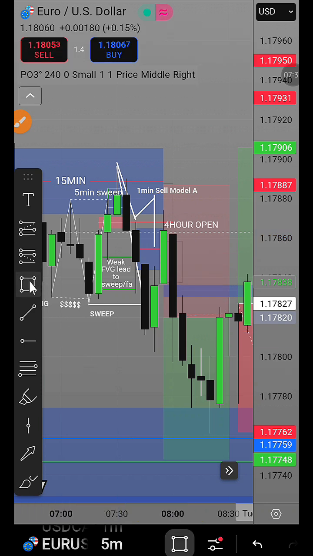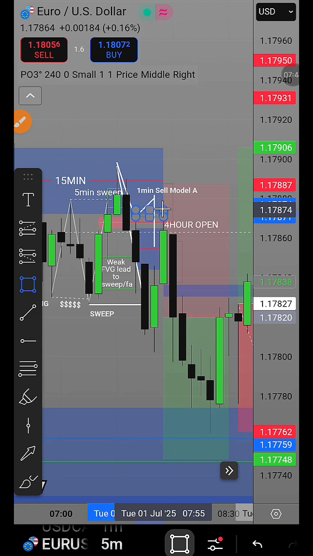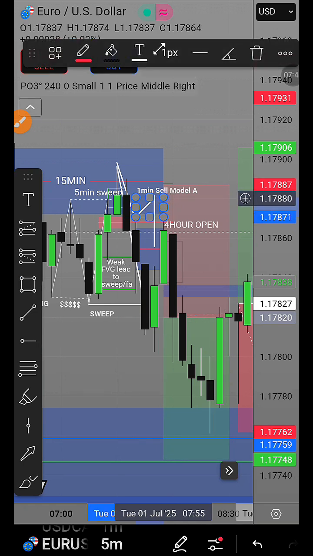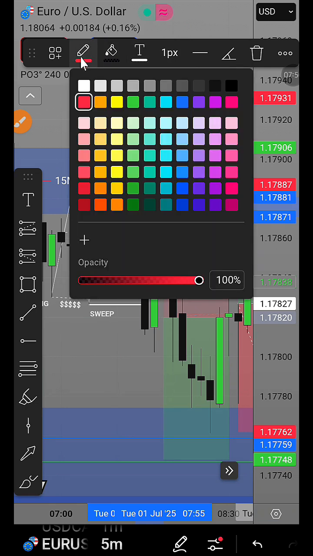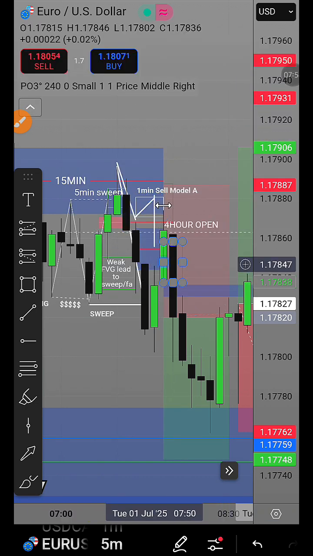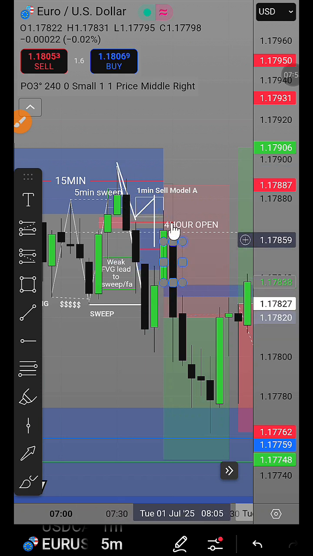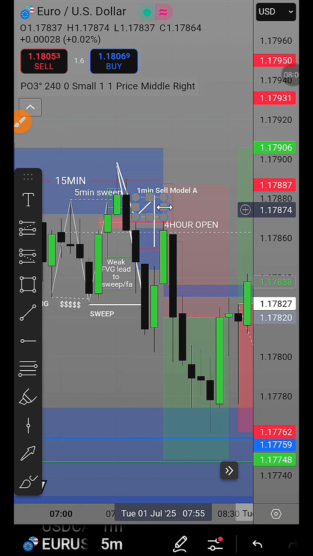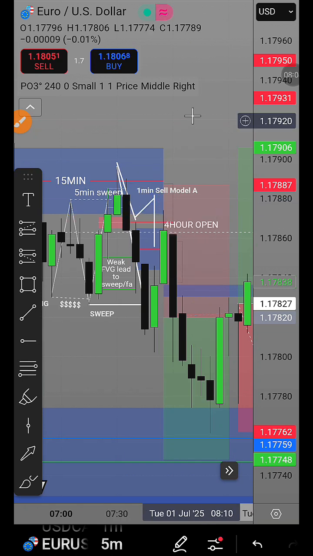This area right here between the failure swing and the swing that put in the failure swing, that is the swing area, right? So you can see that price went down, displaced, and then it returned to that swing area and used it as resistance to put in a bearish continuation swing to continue to the downside.